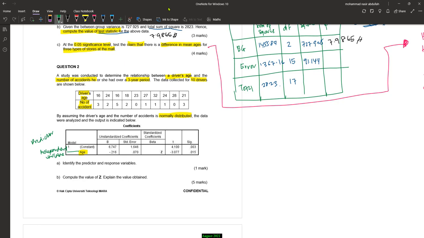Now they ask to identify the predictor and response variable. So the predictor is age, the response is number of accidents.